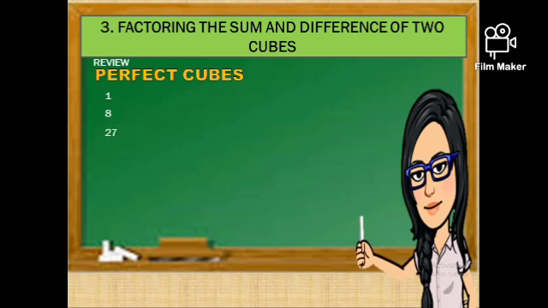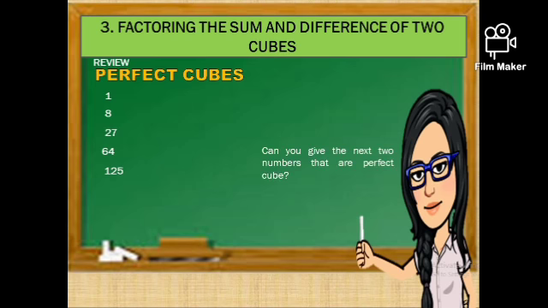We have 27, a product of 3 times 3 times 3. We have 64, a product of 4 times 4 times 4. We have 125, a product of 5 times 5 times 5.